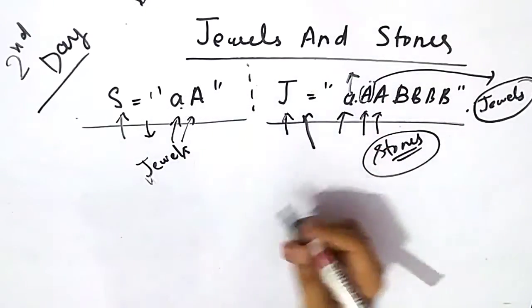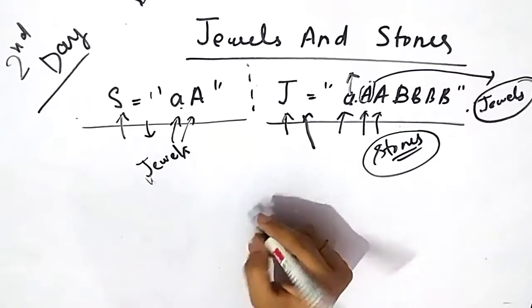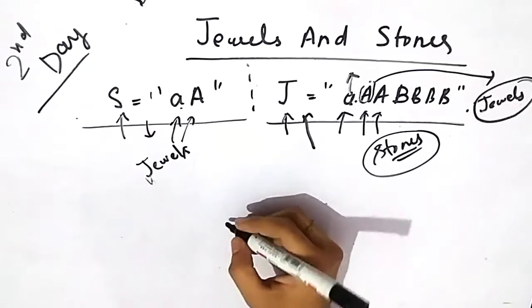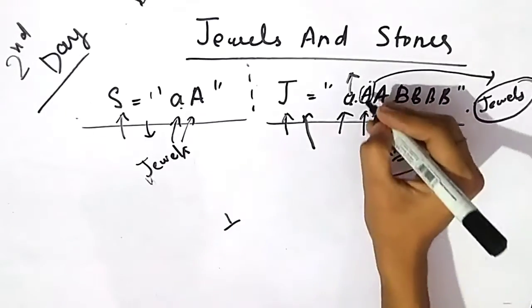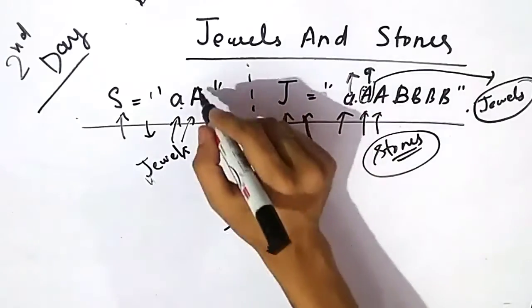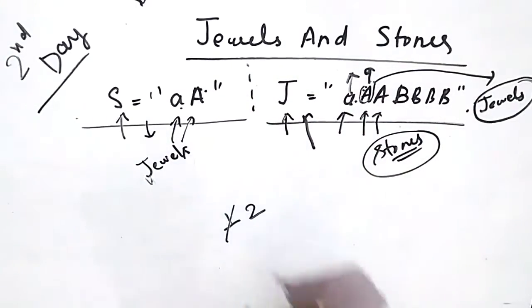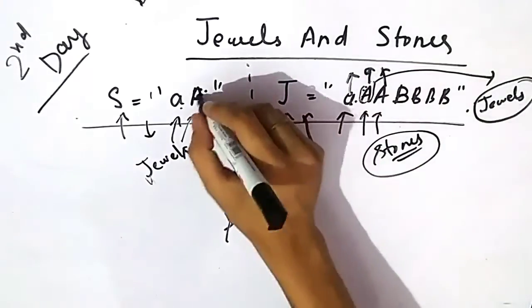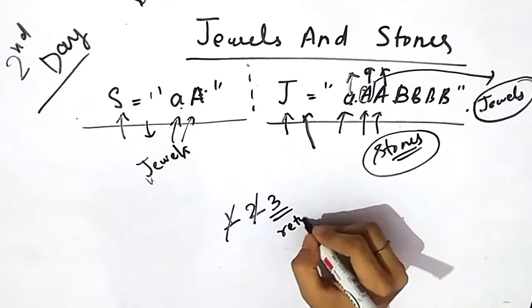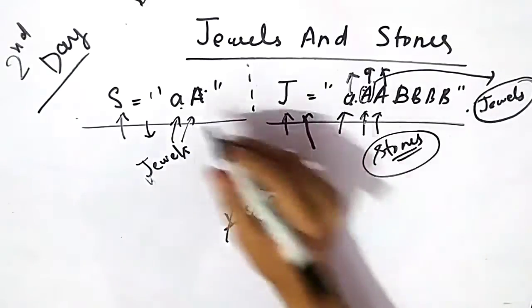Yes, this stone is a jewel, so we have found one stone which is a jewel, so our answer becomes 1. Now let's see for this A. This stone is also a jewel, so the answer is 2. This stone is also a jewel, so the answer is 3. So at the last we will return our answer as 3, because 3 stones are jewels.